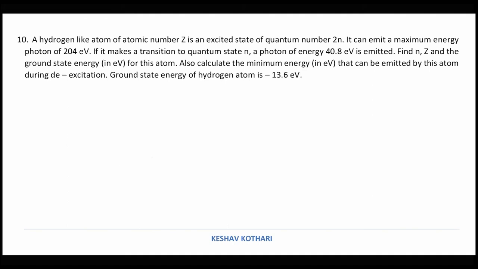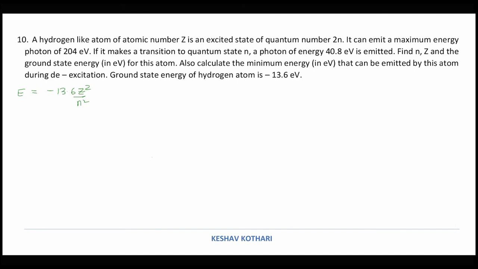So now for this problem, we say that energy for an orbit of a hydrogen-like atom can be written as E equal to minus 13.6 Z square by n square. Over here, the question is saying that the transition is taking place from the 2n orbit to the 1 orbit.